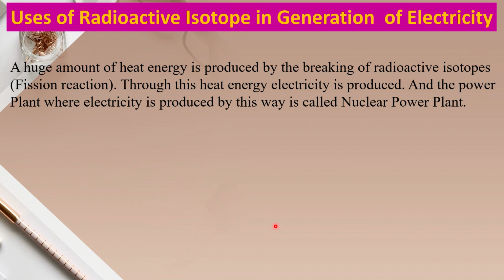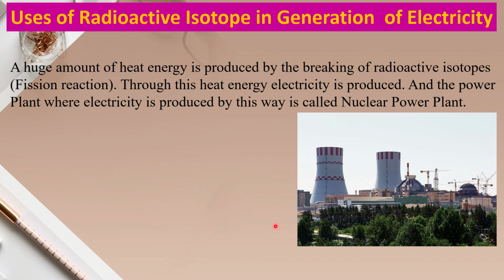Through this heat energy, electricity is produced, and the power plant where electricity is produced in this way is called a nuclear power plant. Here look, do you see this? This is the Rooppur nuclear power plant that is situated in Ishwardi of Pabna.